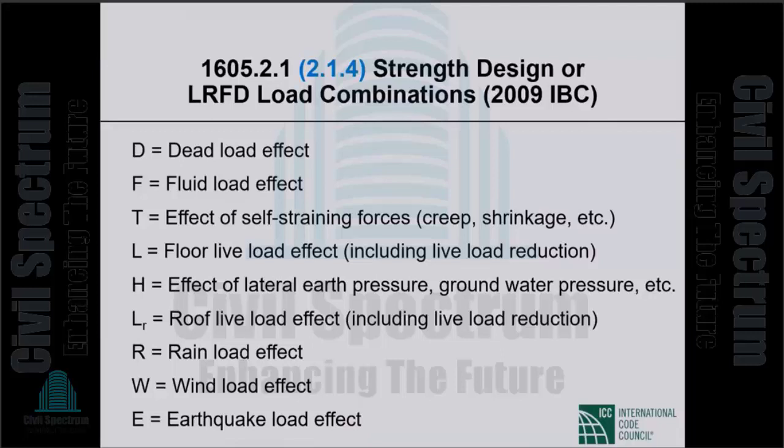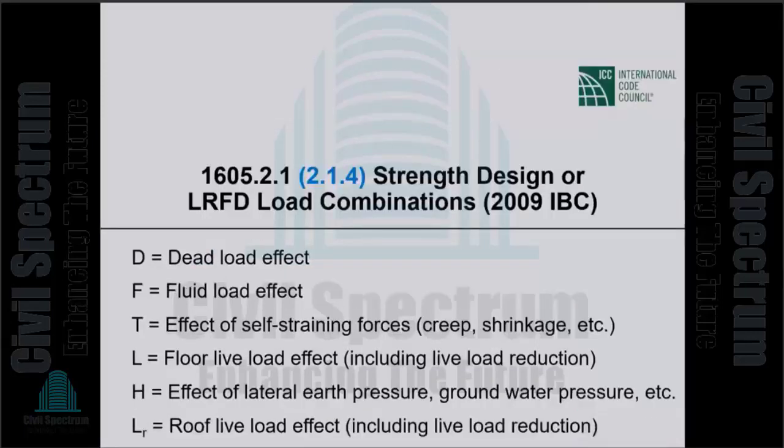H, effect of lateral earth pressure, very important. L sub R, roof live load effect. R, rain load effect. W, wind load effect. E, earthquake effect. Okay, so F is fluid load effect, T is effect of restrained volume change, H, effect of lateral earth pressure, and so forth.